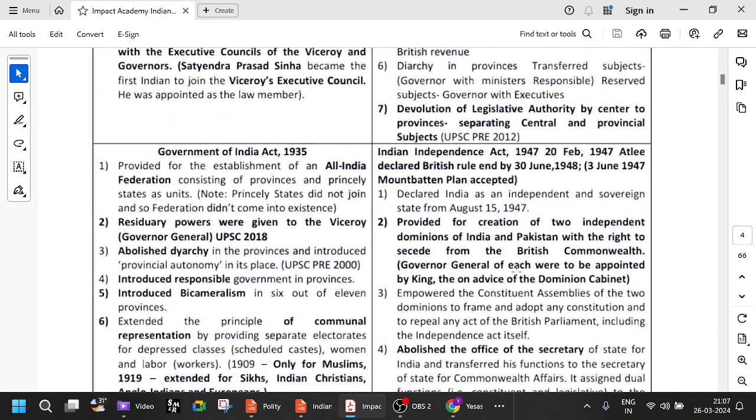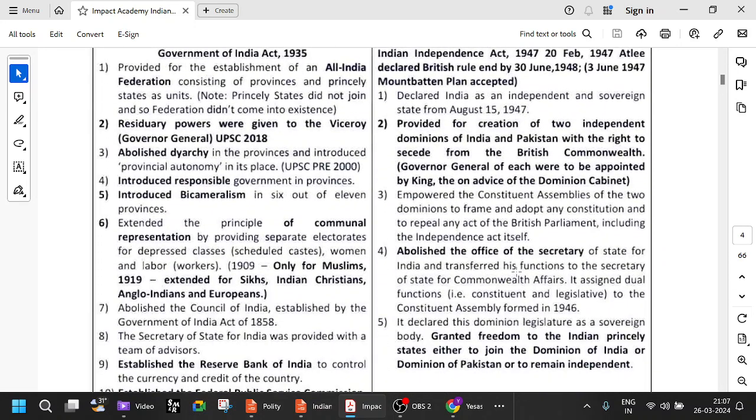And in 1935, the principle of communal representation was extended by providing separate electorates for depressed classes, scheduled castes. So apart from the Sikhs, Christians, Muslims, etc., even within the Hindus, the scheduled castes had a separate electorate provided for the depressed classes.